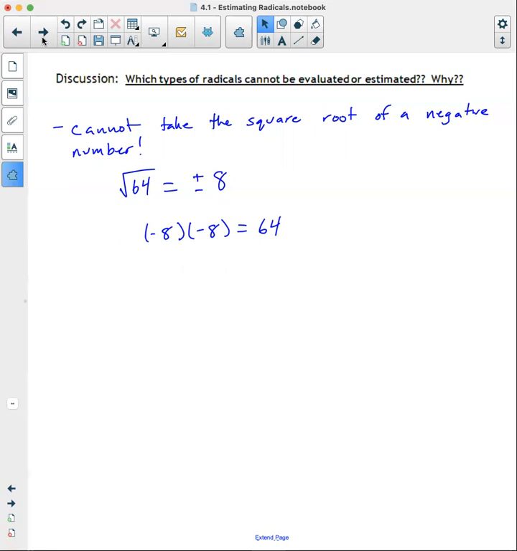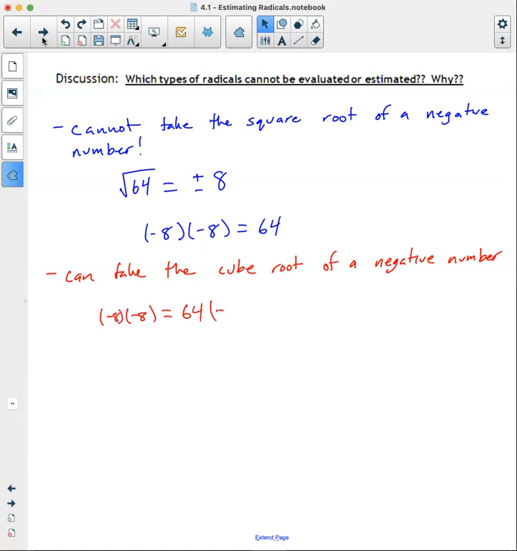Okay. However, we can take the cube root of a negative number. Okay. And that is because we might have negative 8 times negative 8 equals positive 64.